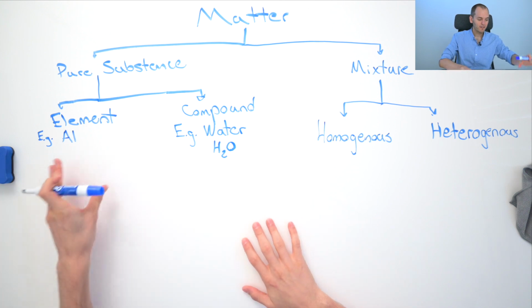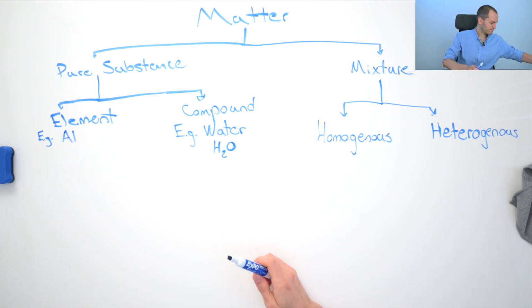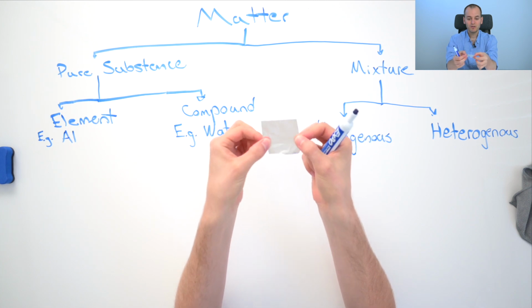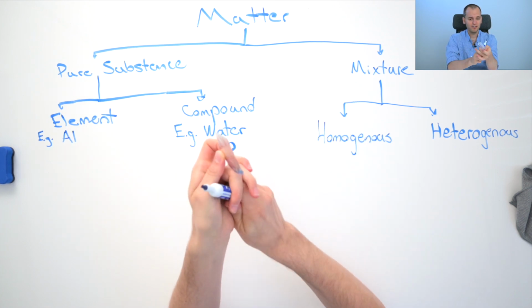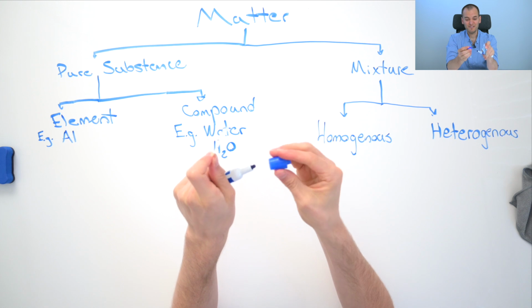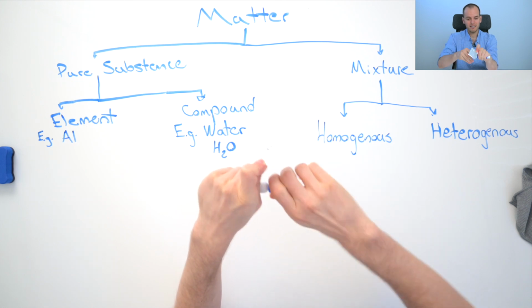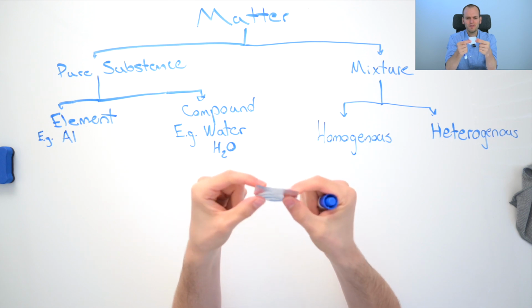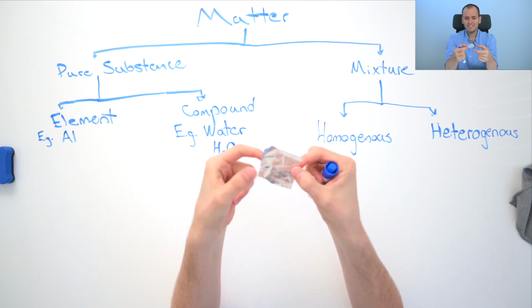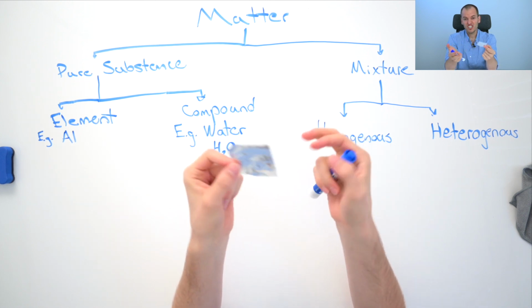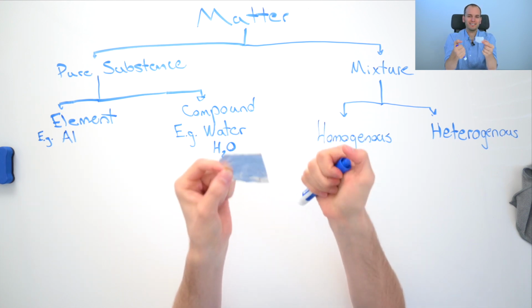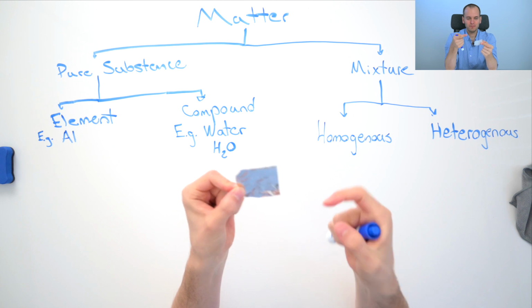So, going back to our aluminum. Here is aluminum. This is just aluminum foil. Some people call it tin foil, but it's not actually made out of tin anymore unless you're from like the 1800s. So aluminum foil or sheets is just made out of that one element or that one type of atom, aluminum.